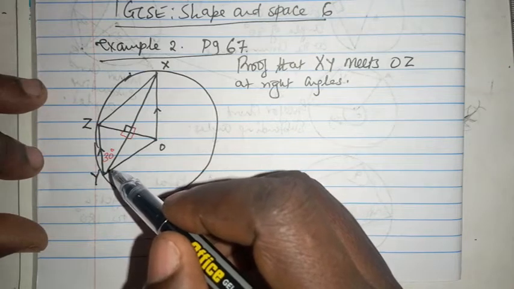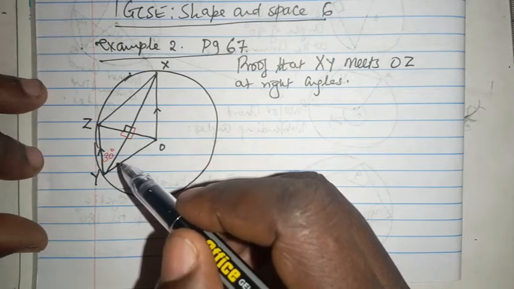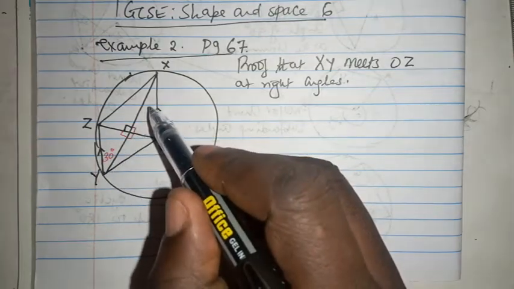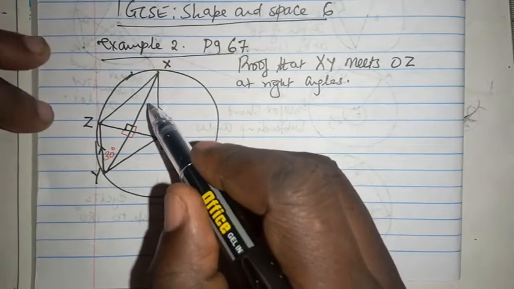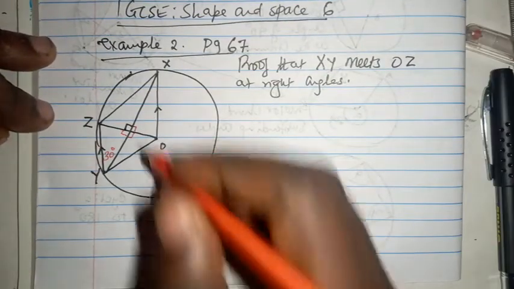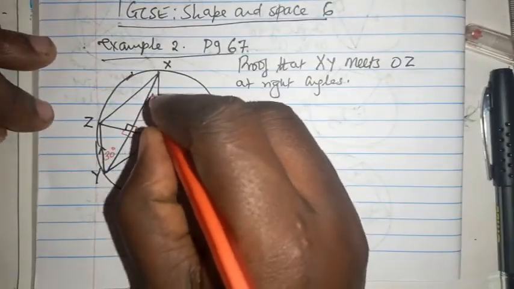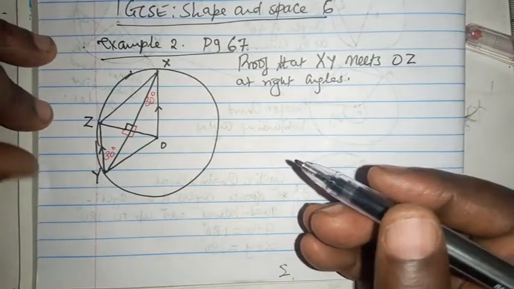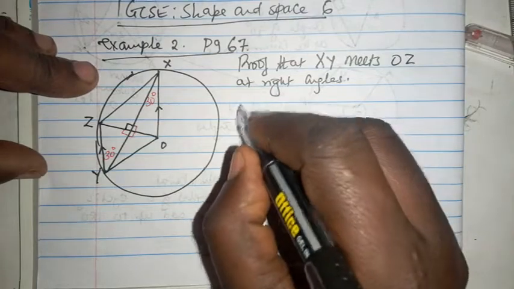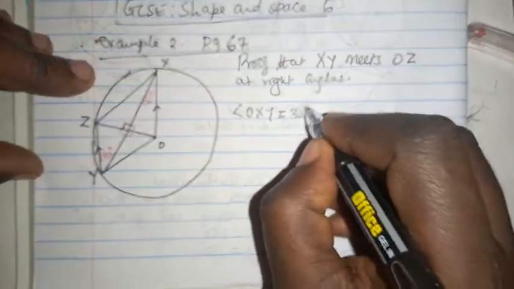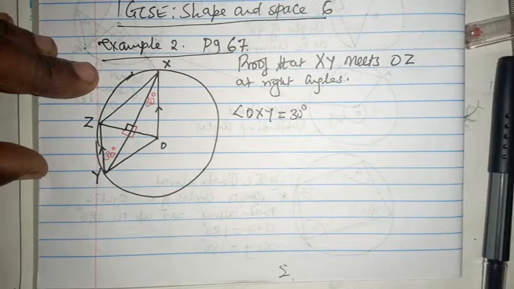And there are so many features within parallel lines. For example, this angle, which is 30 degrees, is alternate to this angle, so that this is also 30 degrees. By what feature? Angle OXY is also 30 degrees. Because of what reason?